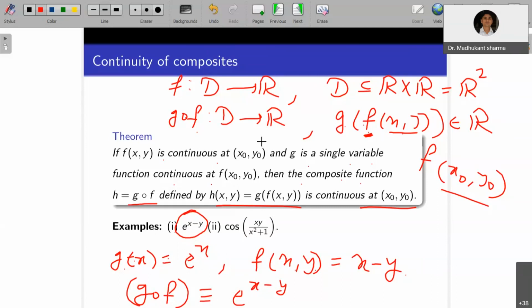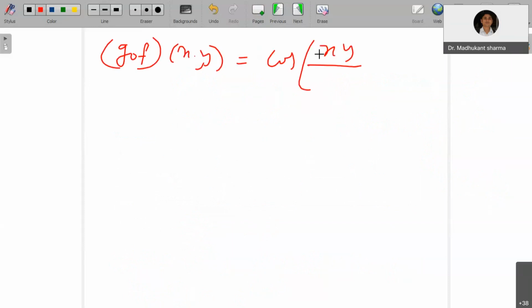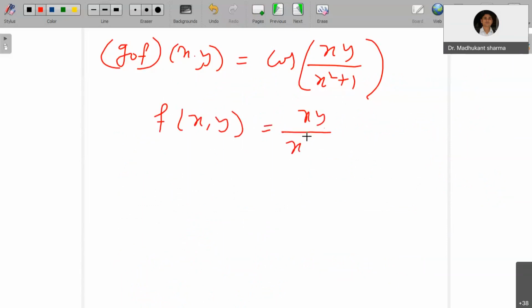Now, for the second example, you have G compose F of (x, y) equal to cos of xy divided by x square plus 1. It is easy to extract: F of (x, y) is xy divided by x square plus 1, and G of x equals cos x.